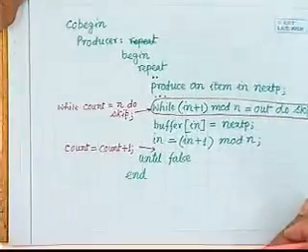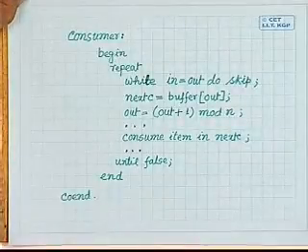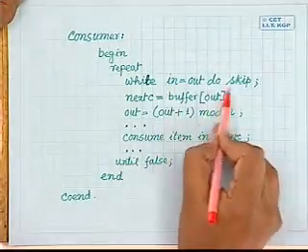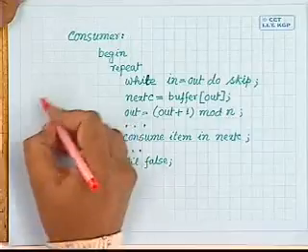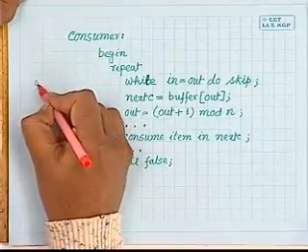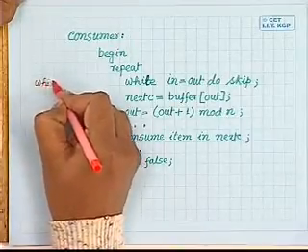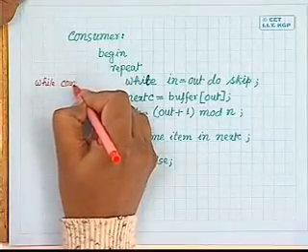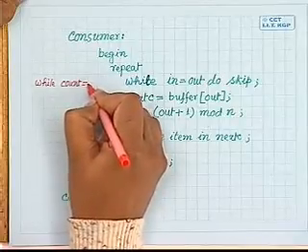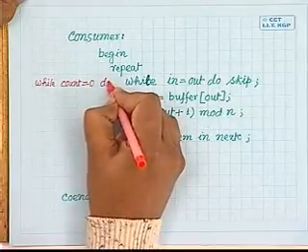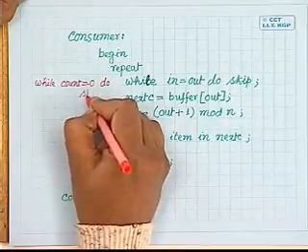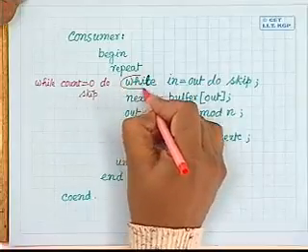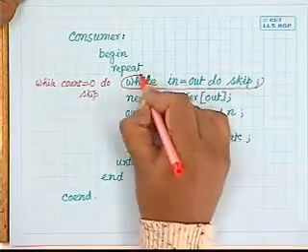Similarly, for the consumer process, instead of checking while in equal to out, we have to check while count equal to 0. So this will replace this statement.